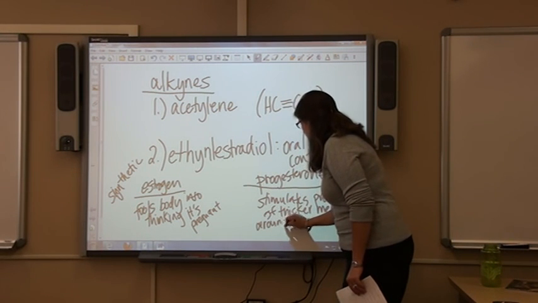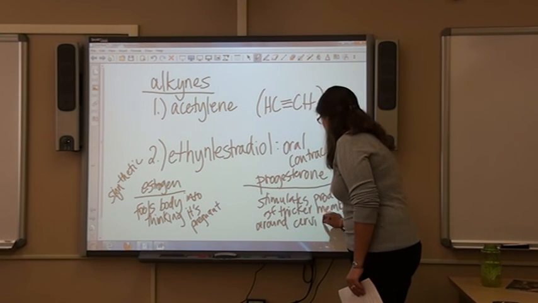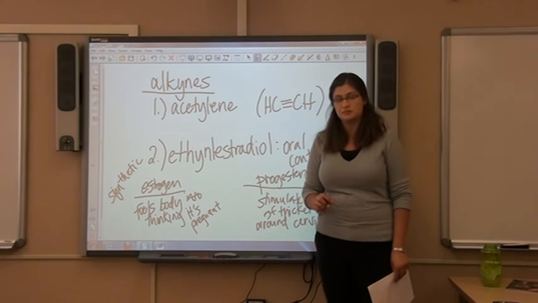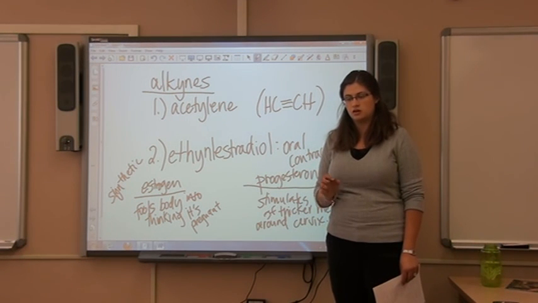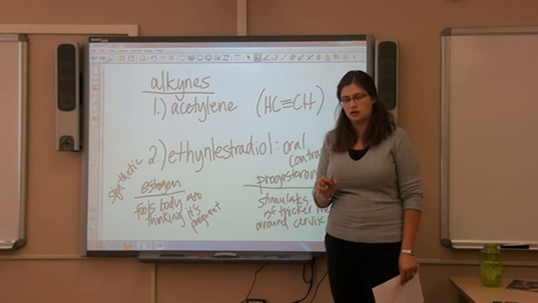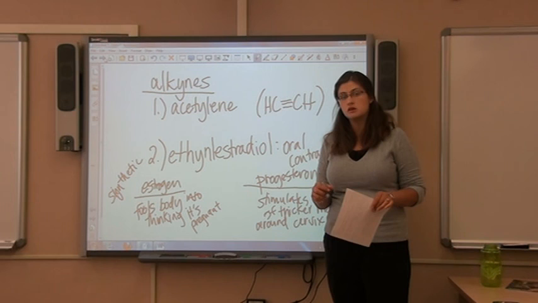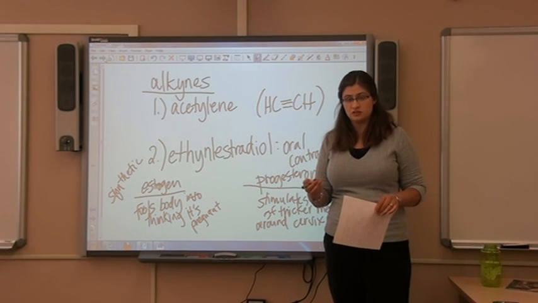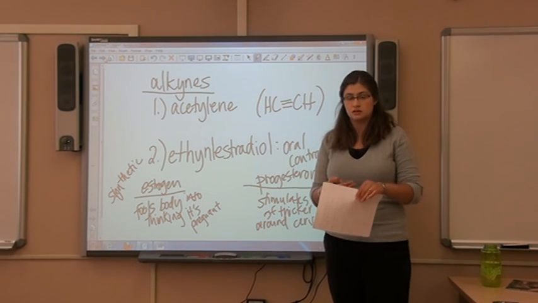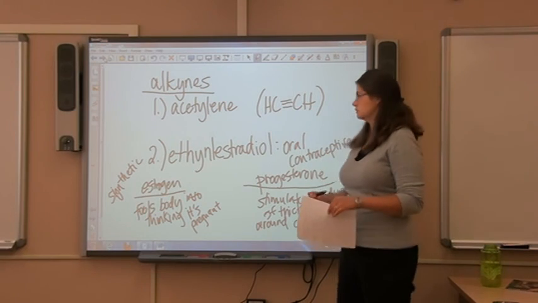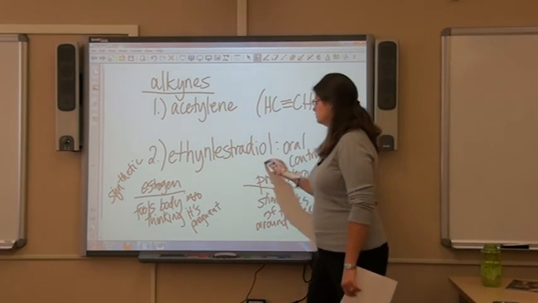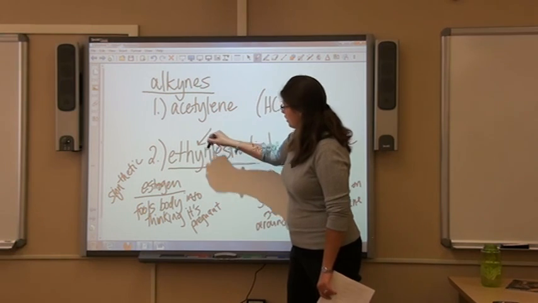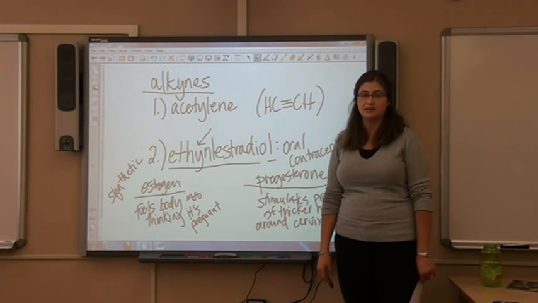And when you have a thicker membrane around the cervix, it's very, very difficult for even the very small sperm to pass through it, which means that while you're not producing eggs, no sperm will be able to enter the fallopian tube to fertilize the egg. And this compound, as you can see by the Y in the name, is an alkyne.